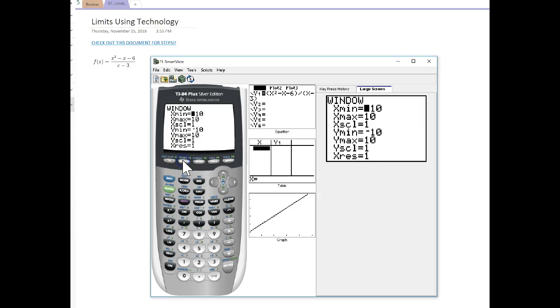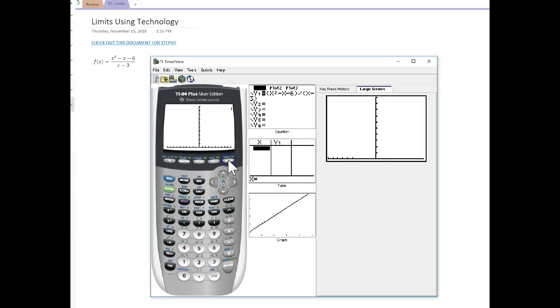I'm going to reset my window because I want to show you one other kind of problem to do with technology, and that is when I set my y values 0 to maybe 100. I'm going to put my scale at 10 just so that it's a little easier to read, and I look at the graphs now.